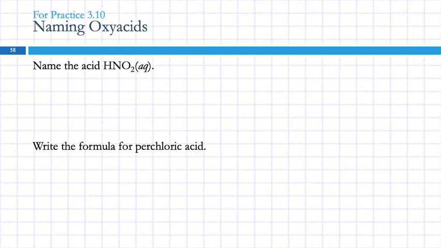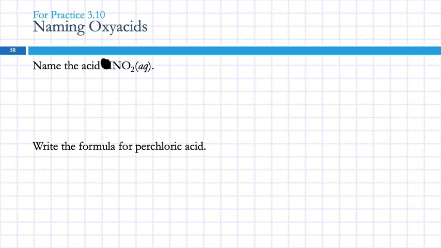Okay, let's name this acid. Well, it said acid there, and this is naming oxyacids, but it also starts with an H. So we know it's an acid because it starts with an H. Let's cover up the H and look at the other part. This is an oxyanion. What's its name? We want the name of the oxyanion, and then we'll change the ending.